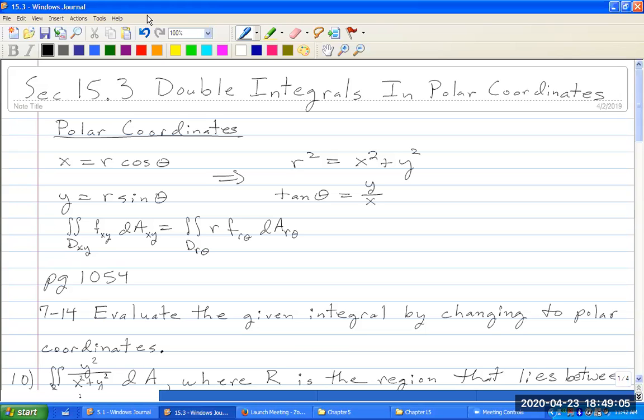Okay, so let us start section 15.3, double integrals in polar coordinates. So first, let me recall polar coordinates.